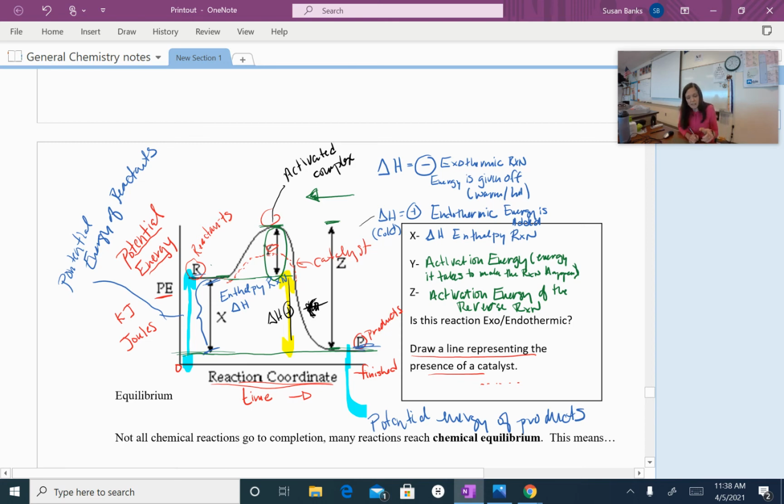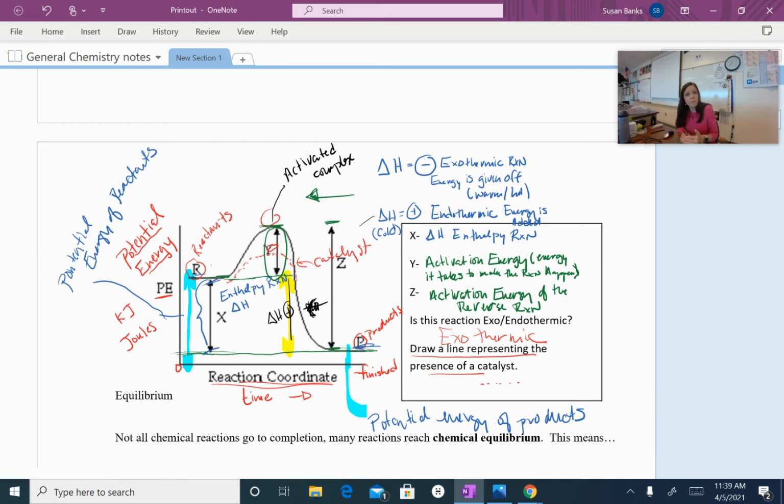Now, we did say at the very beginning whether this was exothermic or endothermic. Remember, we have a negative delta H when we're moving forward. So this is an exothermic reaction because our products have less energy than our reactants.